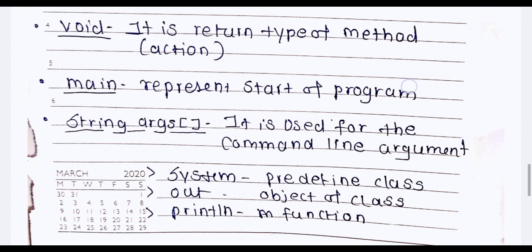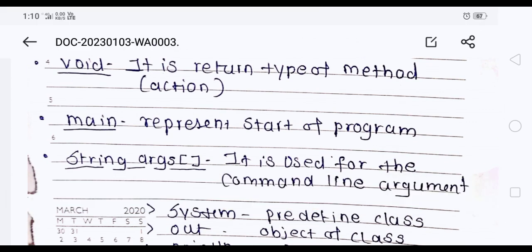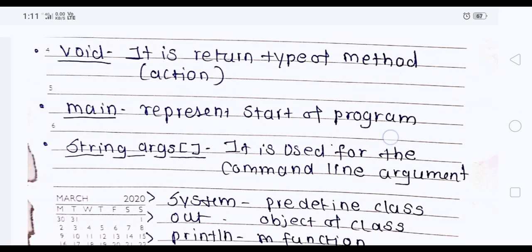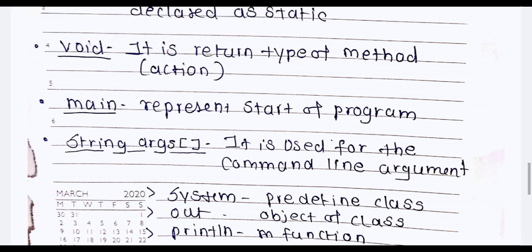And main basically represents the start of a program. And String array is used for the command line argument. As I have said, System is used as a predefined class. Out is used as an object of a class. And println is nothing but a function.